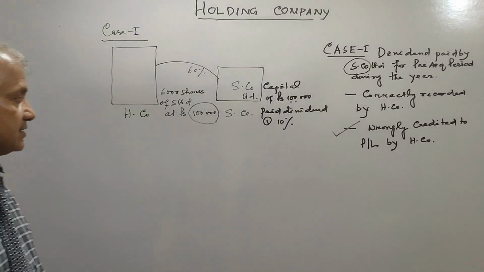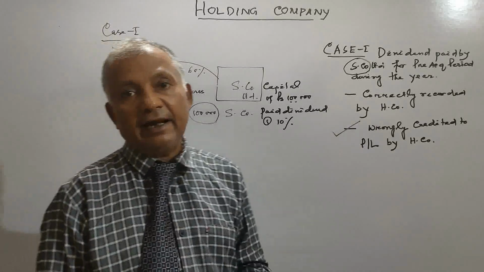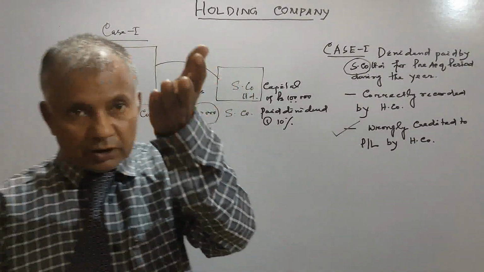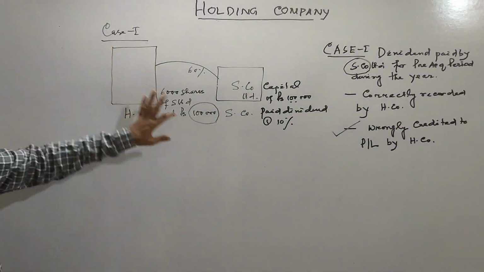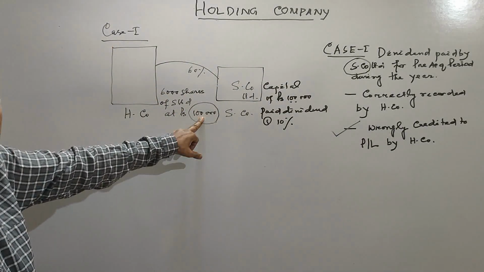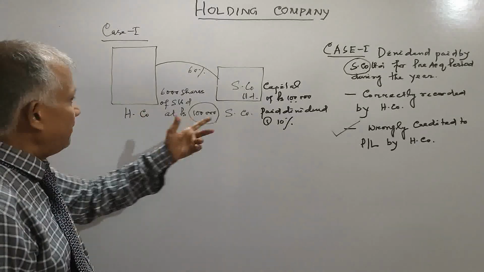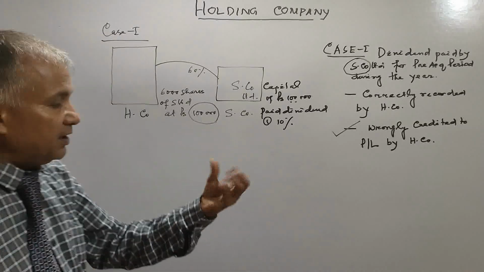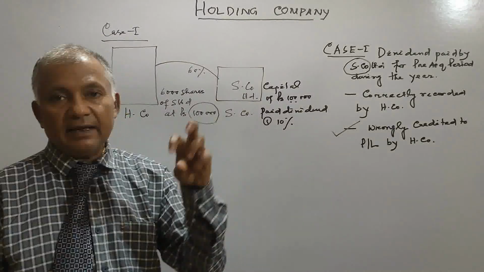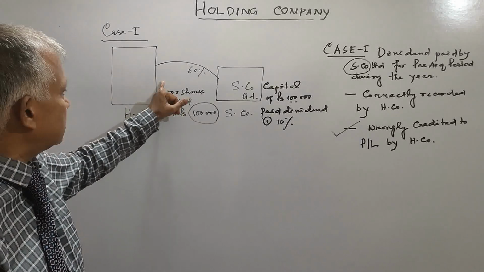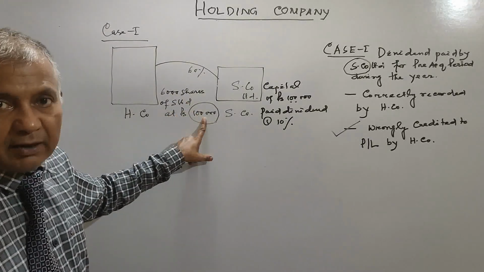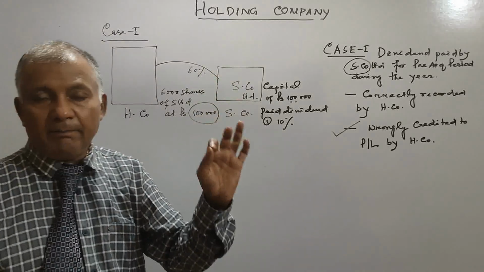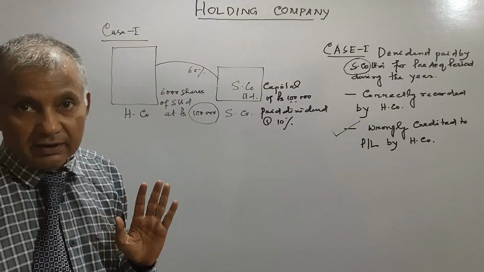In this case, the correct adjustment is that the holding company should credit the cost of investment. When the dividend is received, it may be received by cheque, so bank account debit to investment account. This is the correct entry the holding company should make.